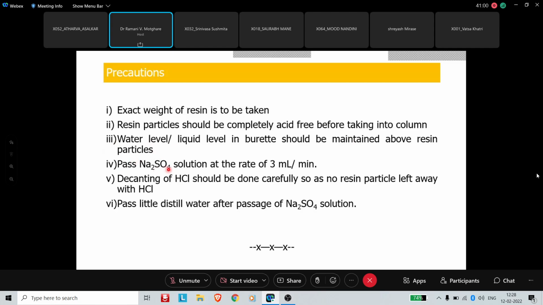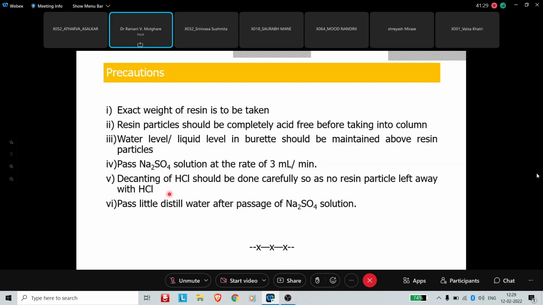Then pass sodium sulfate solution at the rate of 3 ml per minute. Even if the flow rate is more or less, you should collect it all in a single conical flask. Don't discard this solution. That is one important precaution. Flow rate you can adjust using a stopwatch and the pinch cork or the burette jet.